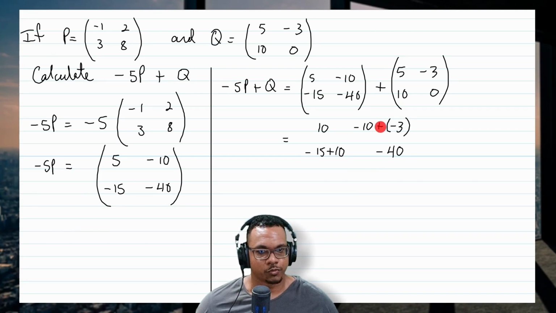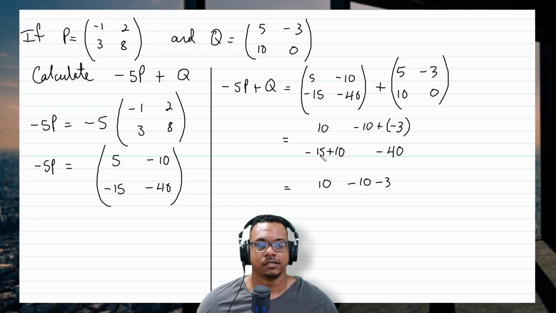So we just come in here now to work out this part and multiply these two signs, the difference, so you're going to get a negative sign. So we're going to have 10, and we're going to have -10, take away 3. Down here we can work the answer one time. Signs are different, so you're going to subtract. 10 from 15 is 5. 15 is the bigger magnitude, the sign in front is negative, so the answer is negative.